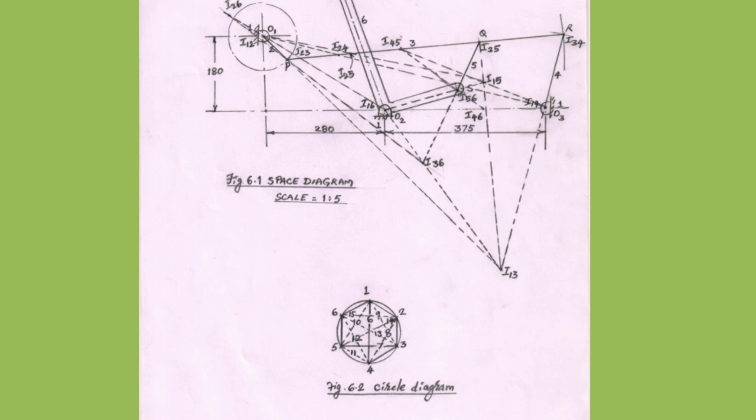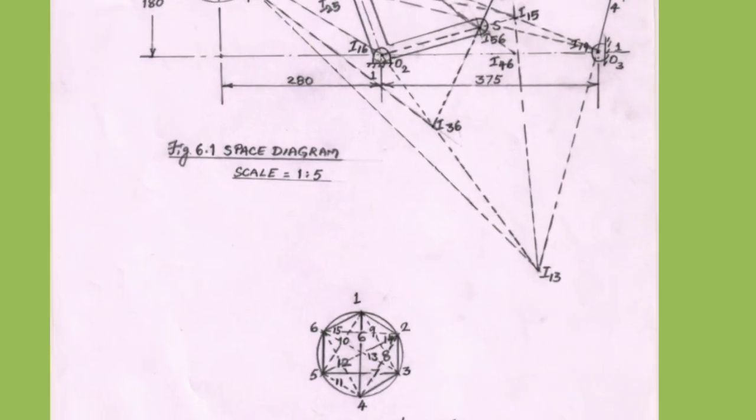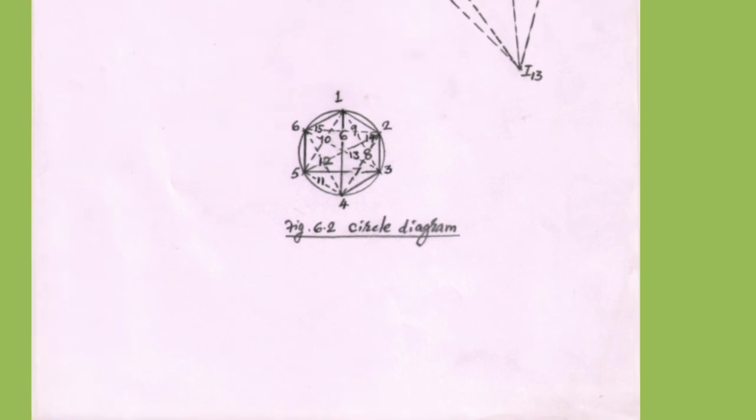Now I have just started with instantaneous center number 8, that is 2, 4. Can you see that figure, the circle diagram 2, 4? So 2, 4 is having two triangles. 1, 2, 4 is one triangle. 2, 3, 4 is one more triangle. The common side should be 2, 4.